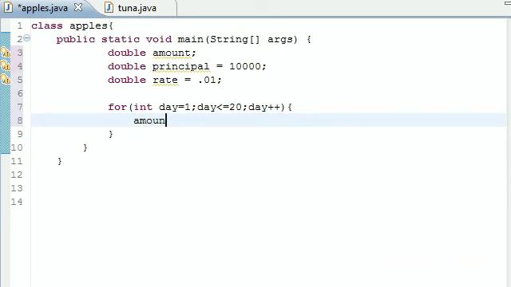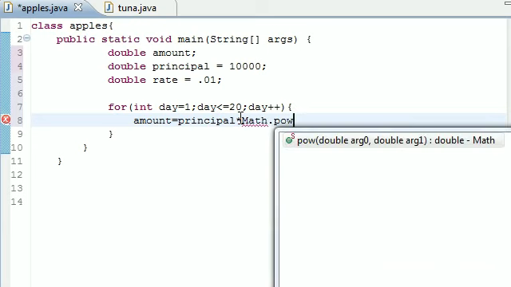Now let's get to the good stuff. We want to solve for amount, so that's what we're going to be setting it equal to, since we don't know what it is yet, but we do know what the formula is for it. It's principal, and make sure you type these right, principal times something to the power, and this calls for an outside method, math.pow. You can see right here that it takes two arguments. The first argument is what's in the parentheses, and the second argument is the exponent.